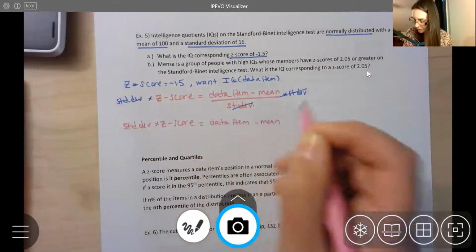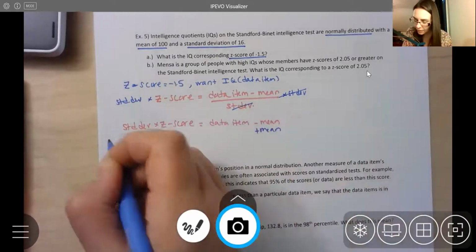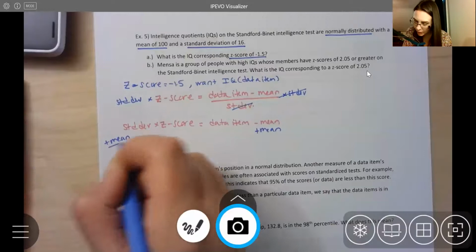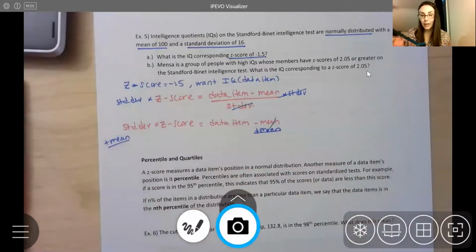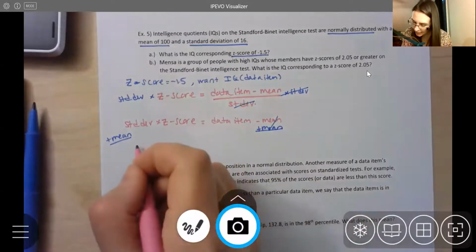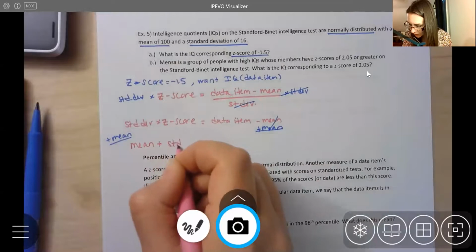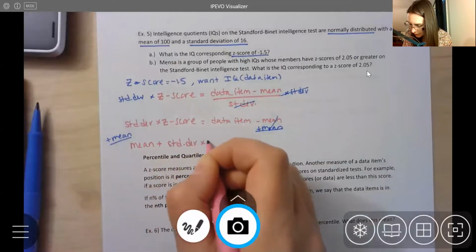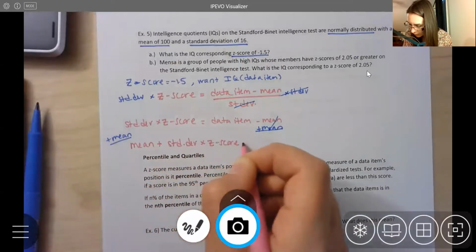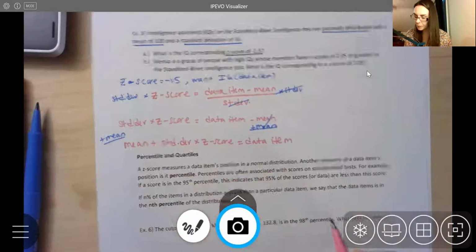minus the mean. And then what we can do is add that mean to both sides. So here you have a new formula if you want to make note of it. It says that the mean plus the standard deviation times the z-score is equal to that data item value.